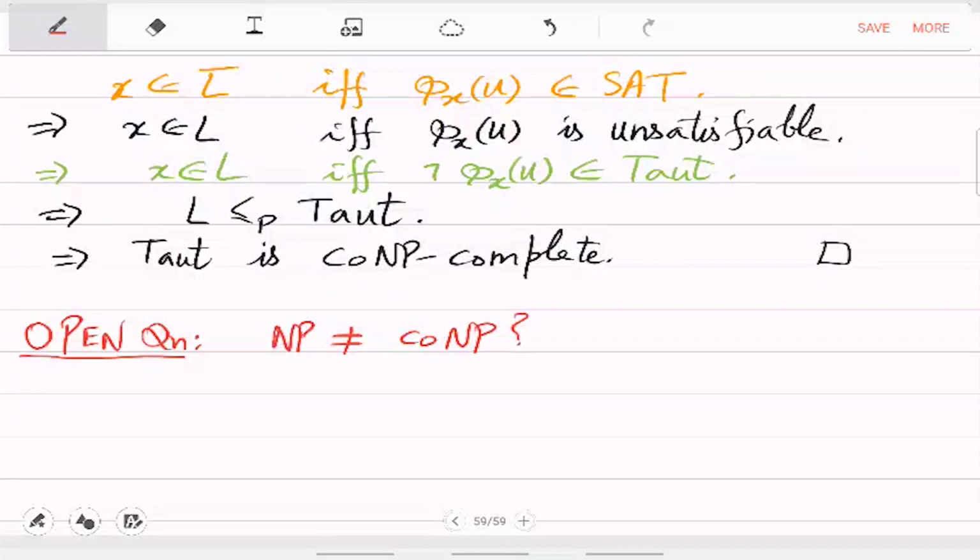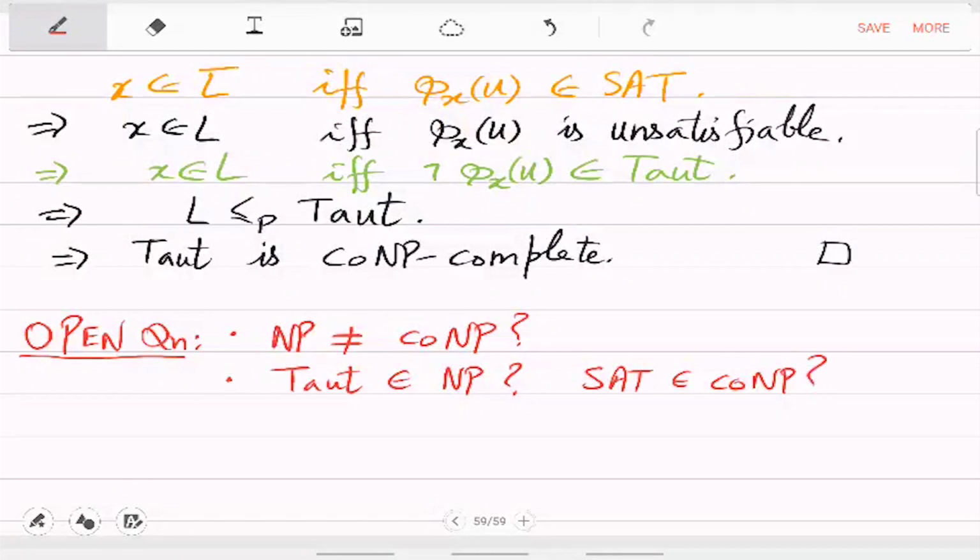Which is equivalent to asking whether tautology is in NP. Which is also equivalent to asking whether SAT is in co-NP. Right?